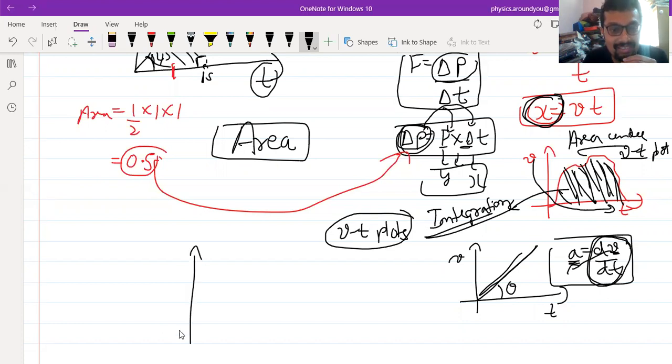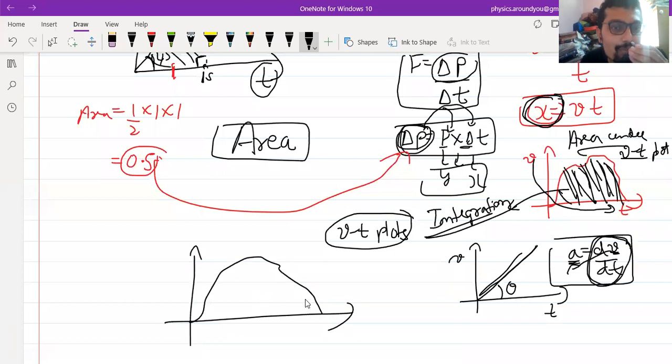Okay, how can I prove this? Easy. How will you get the area of such an irregular figure? The area of such an irregular figure can be obtained by imagining it to be made of very small rectangular strips. I cut this whole figure into very small rectangular strips.